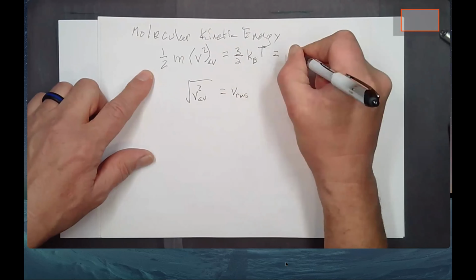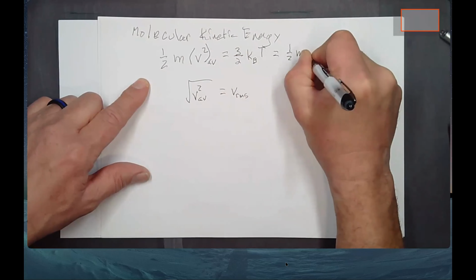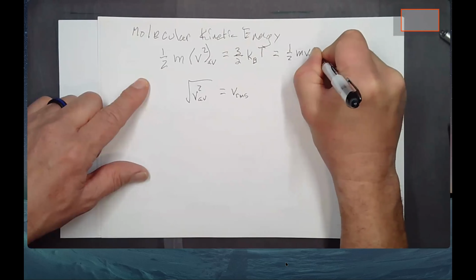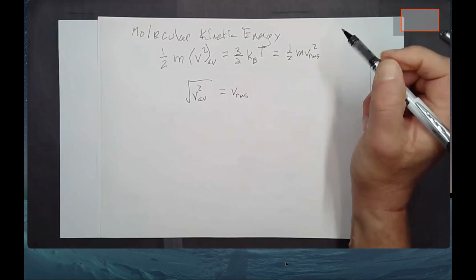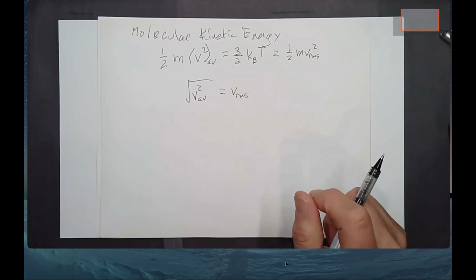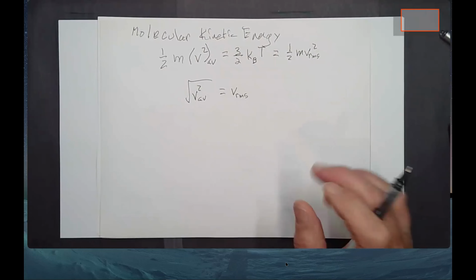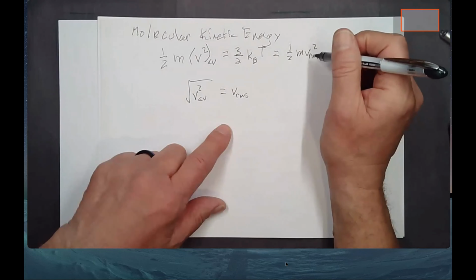And with that notation, we'll write this as 1/2 m v_RMS squared. And so it's like an average velocity. Squaring it actually has some advantages, so that's the reason that it shows up.